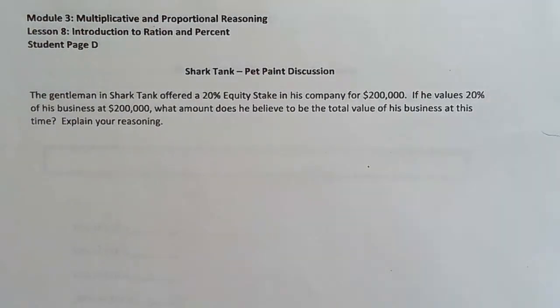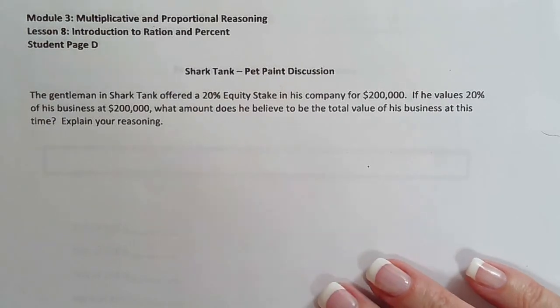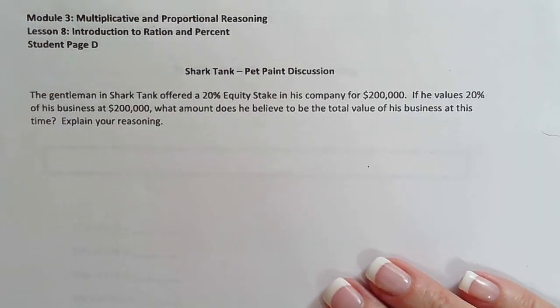This is starting you to think about percentages, because that's what the rest of this module is about. I always tell students the easiest way to do percentage problems is by drawing a picture. So 20% of his company is worth $200,000. Do you know how many 20%s are in 100?